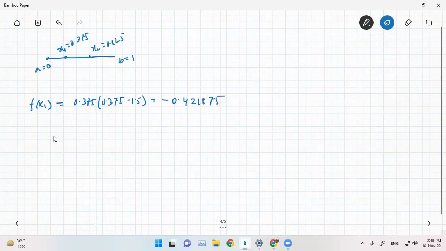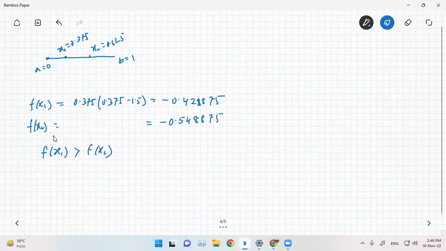And the value of fx2 will be, I'm just writing short. Please do the calculation to check whether there is any error in there or not. So minus 0.54885. Definitely, our fx1 is higher than fx2.